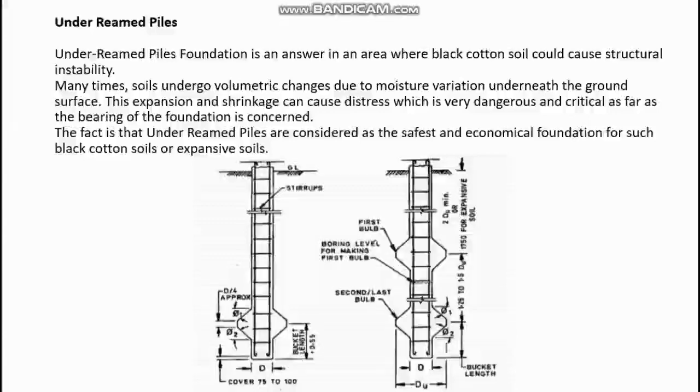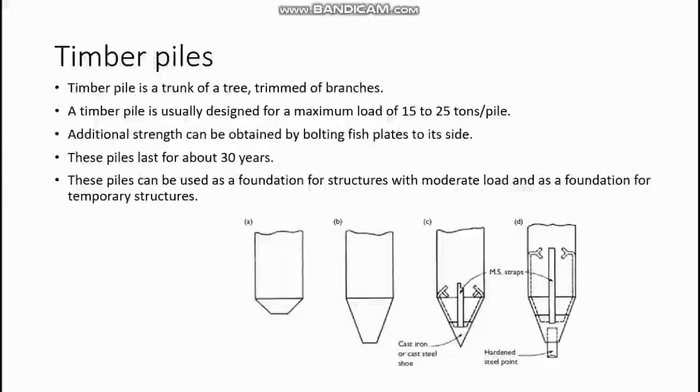Then we have timber piles. Because we are seeing the material types, till now we have seen the precast, we have seen cast in situ piles. Now let us see the timber piles. A timber pile is kind of a trunk of a tree trimmed of branches. The timber pile is usually designed for a maximum load of 15 to 25 tons per pile. Additional strength can be obtained by bolting fish plates to its sides.